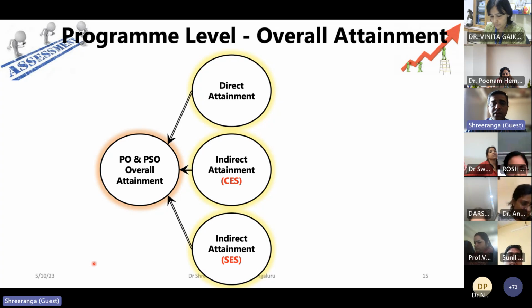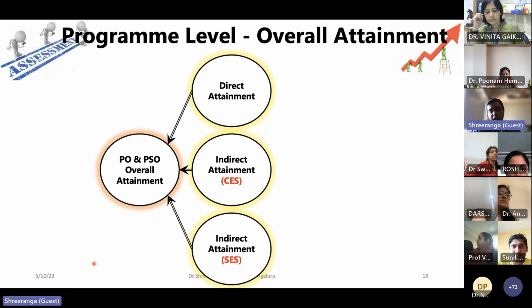Then some colleges also go for surveys based on the events they conduct. If you have a national level event for the students or some outbound training you have offered, from there also they take the survey into account. So the point here is n number of surveys can be added together to get the PO attainment, the total attainment.